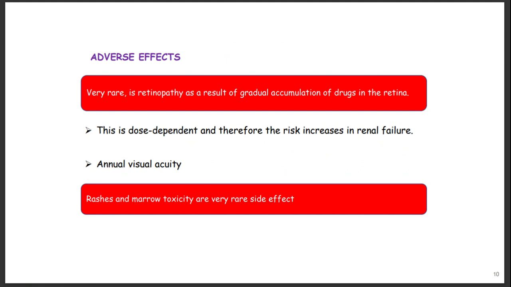So when someone is taking this drug, they should have annual visual acuity checks, so you should be checking their visual function. Another adverse effect is a rash and bone marrow toxicity, though they are very rare.